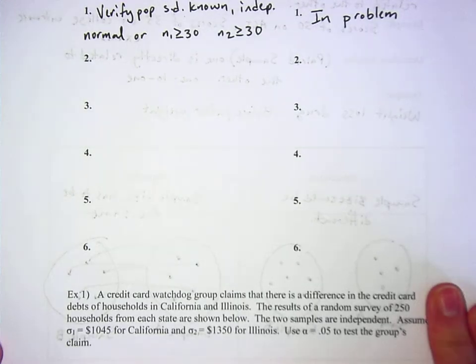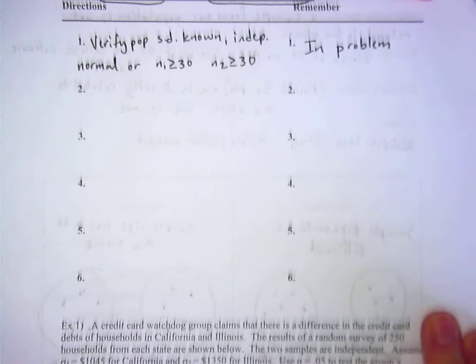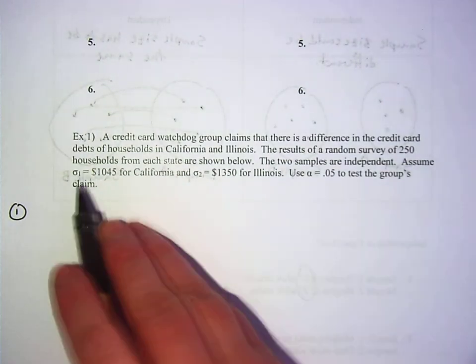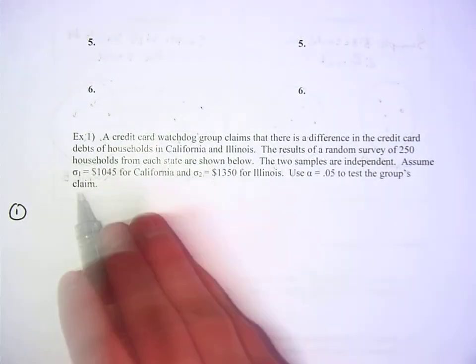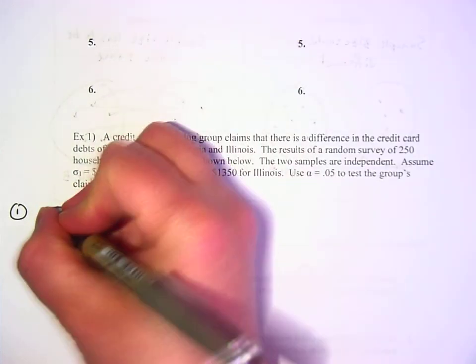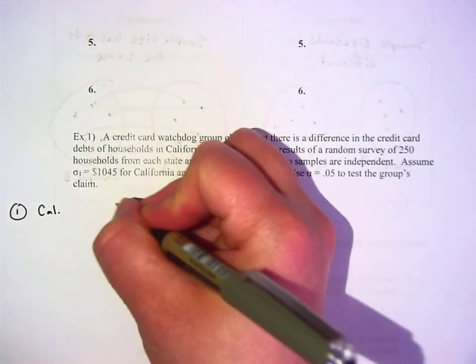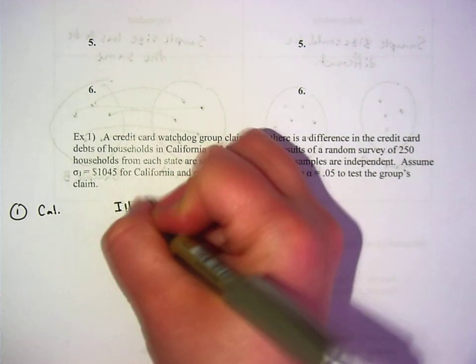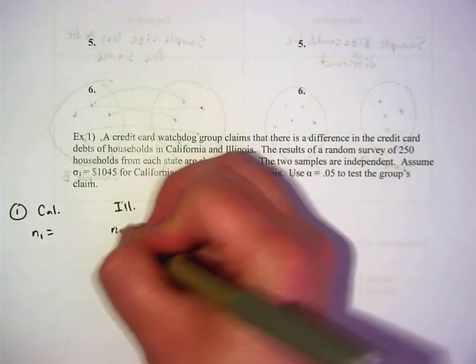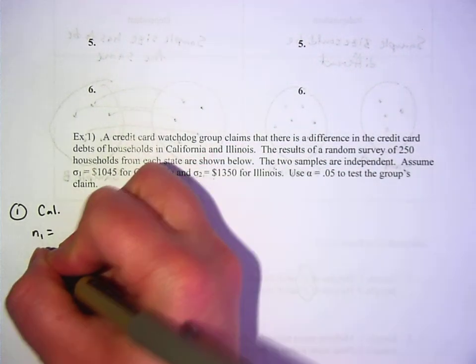Okay, so we're going to work the problem and the example at the same time, so I'm going to go down to the problem. Step 1, population standard deviation is known. Do you see how we have sigma 1 and sigma 2 for California and Illinois? That means we know them. And in fact, I'm going to start setting up my stuff here. So we've got California, we've got Illinois. This is the stuff that I didn't mention to you, I just didn't write it down on this paper.